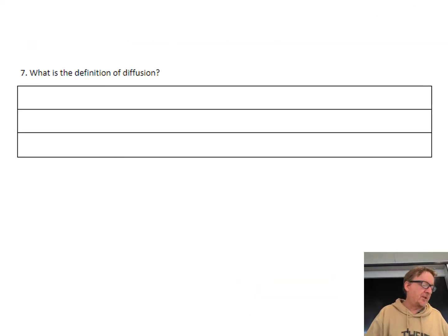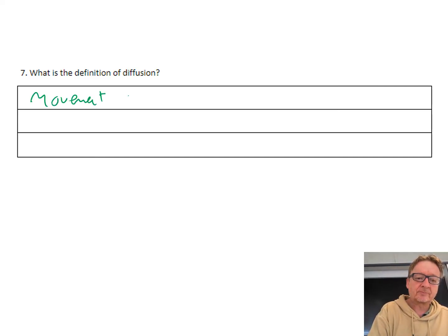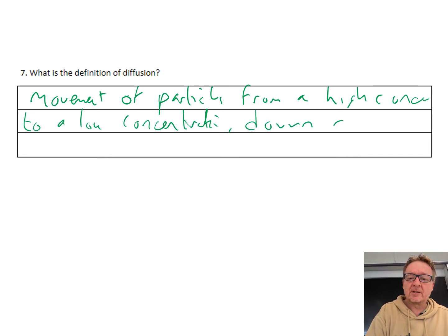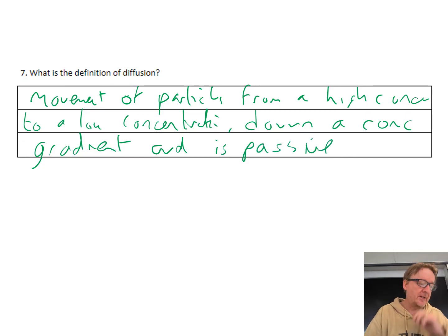Right, definition of diffusion is the movement of particles from a high concentration to a low concentration, down a concentration gradient, and is passive, which means no energy.